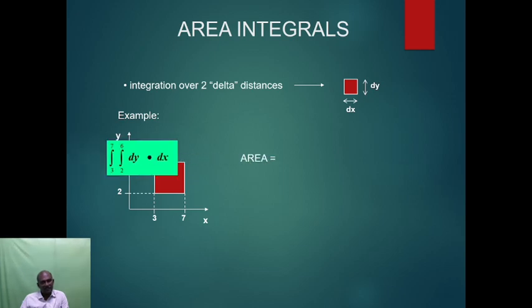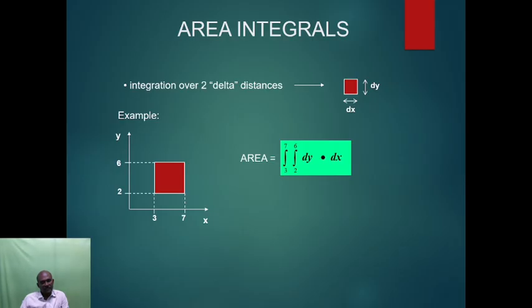Area integrals: the area is the integral over two variables x and y, so it is a double integral. x varies from 3 to 7 and y varies from 2 to 6, so the integral of 2 to 6 dy, integral of 3 to 7 dx, giving 16.